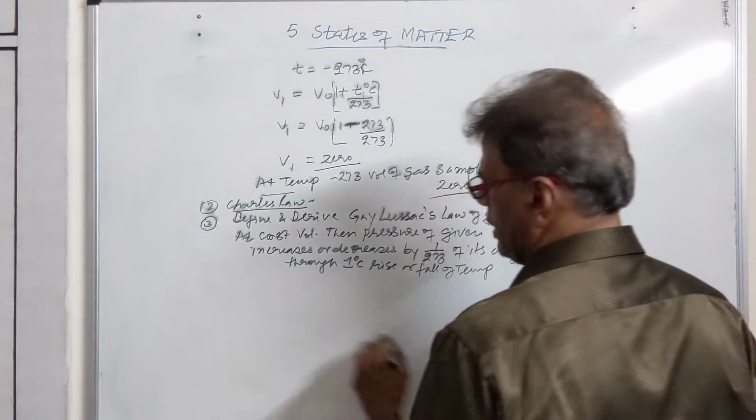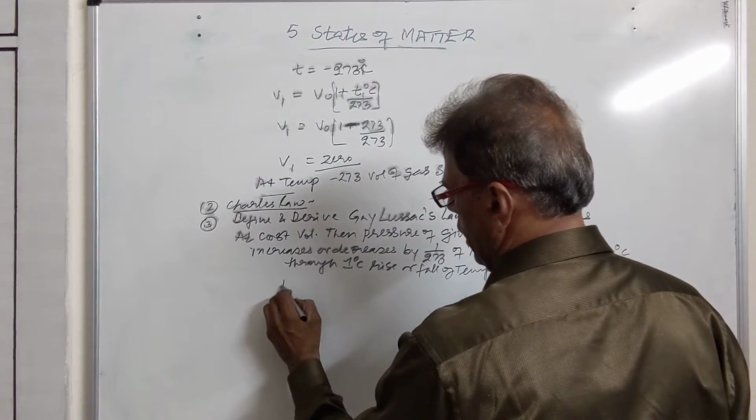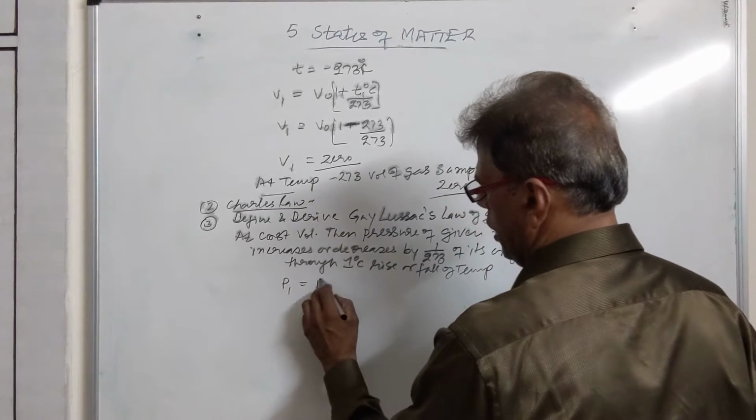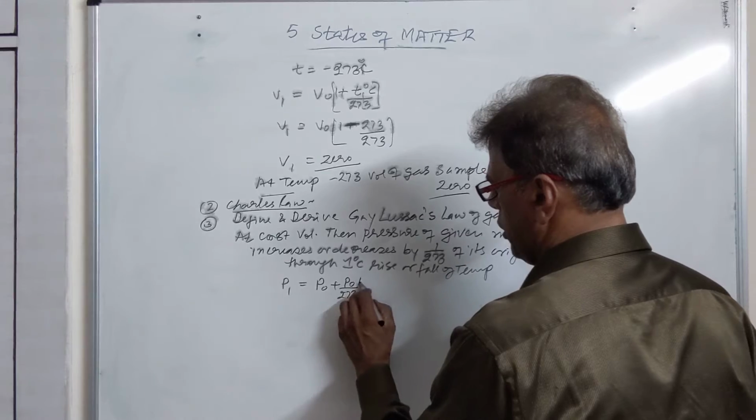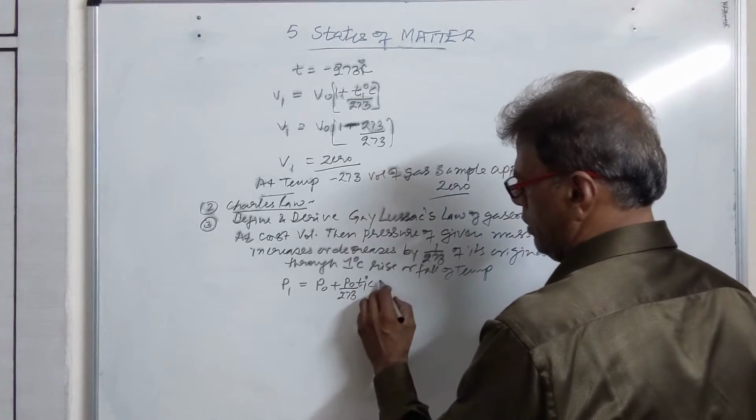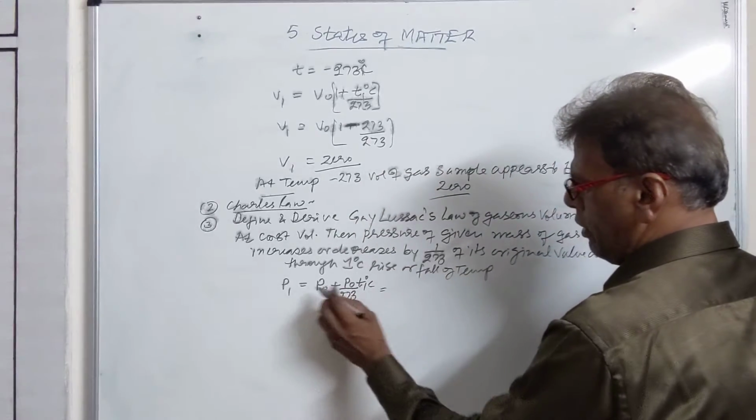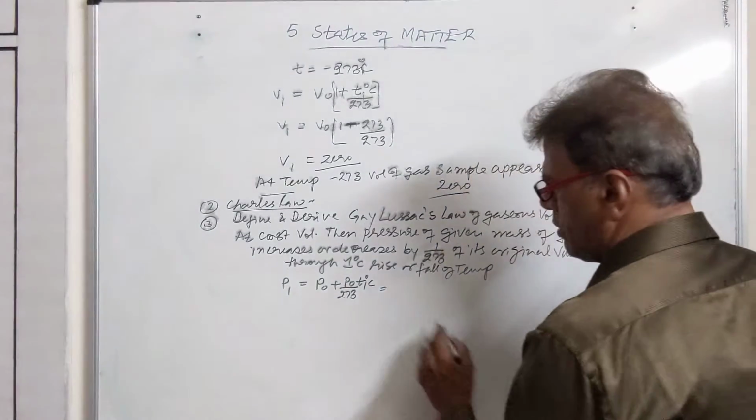Let us take a gas sample whose pressure is P0, then at temperature T1 it will be equal to P0 plus P0 upon 273 multiplied by T1 degree centigrade. Or we can write it in a similar manner as we did in case of Charles law.